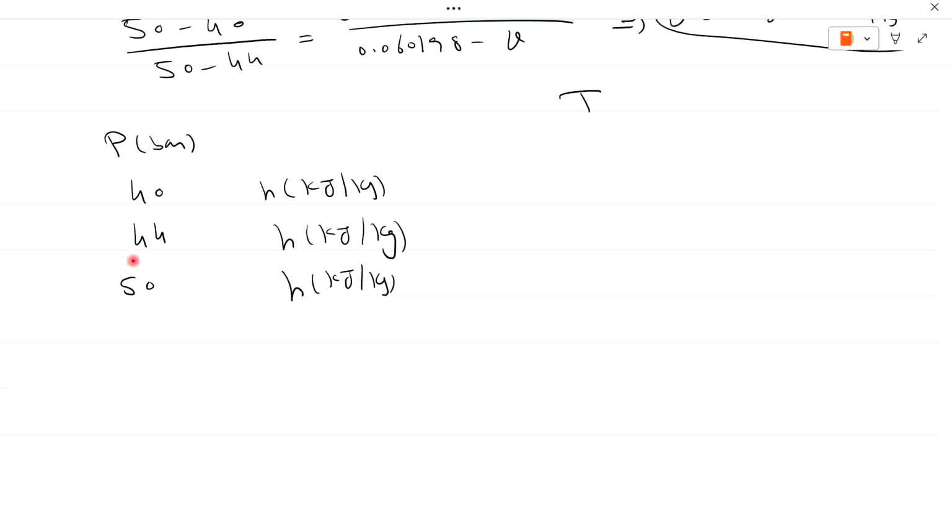Temperature is in degree centigrade, 400 and 450 are available, and we have to find the value at 420 degree centigrade. From the superheated steam table, at 40 bar and 400 degree centigrade, specific enthalpy is 3214 kilojoule per kg. At 40 bar and 450 degree centigrade, specific enthalpy is 3330 kilojoule per kg. We have to find H1, H3 and H.